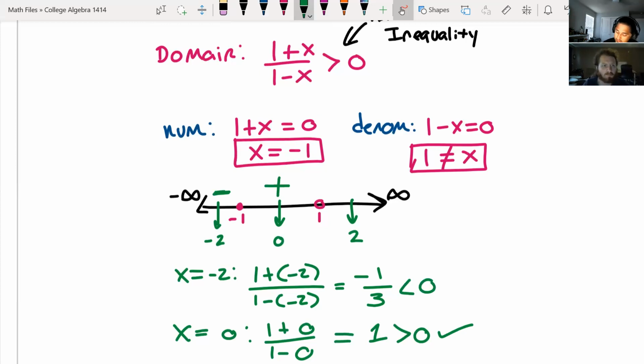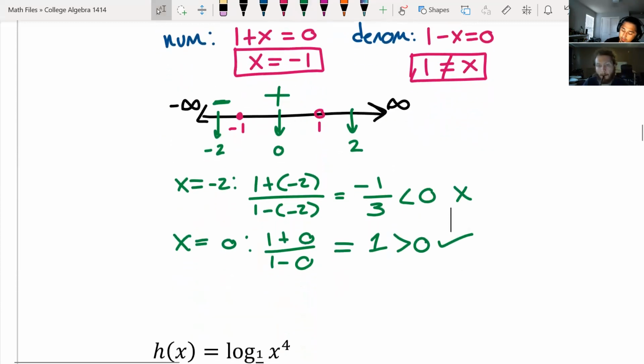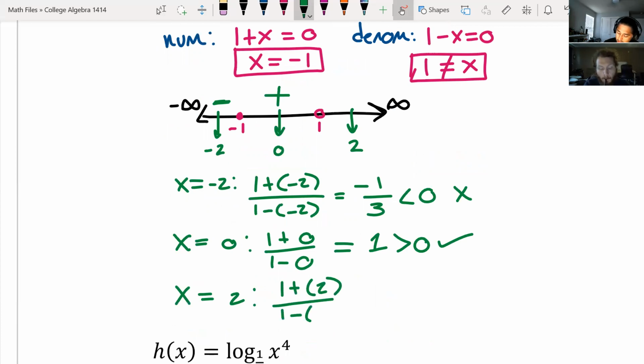This is less than 0, so that does not check out. Okay. Last number to try is 2. 1 plus 2 over 1 minus 2. And you get 3 over -1, which is not greater than 0, so it doesn't work.